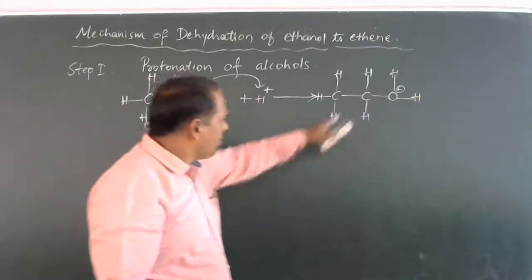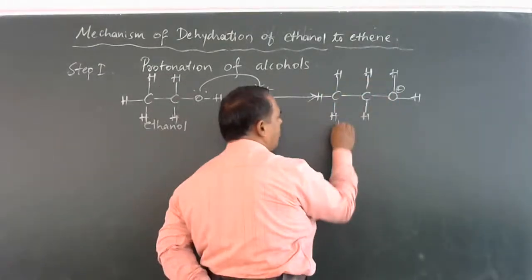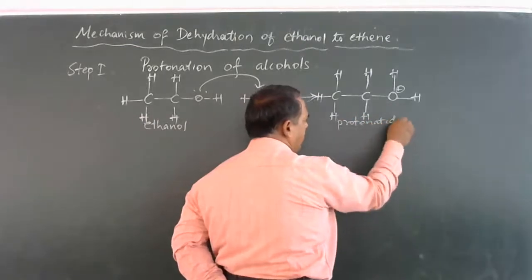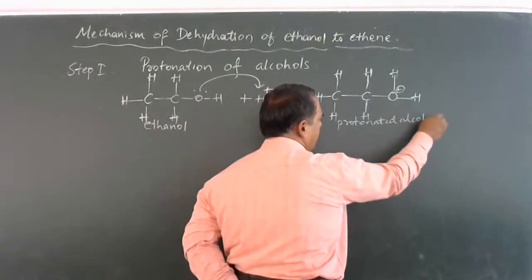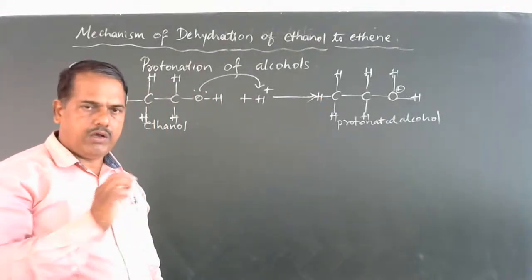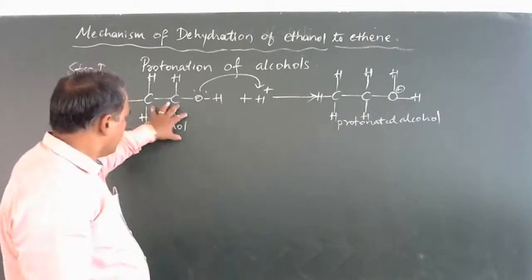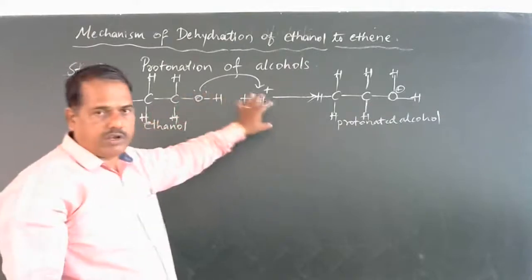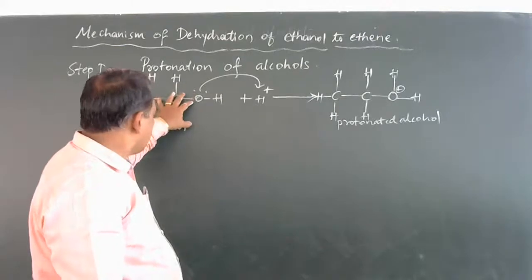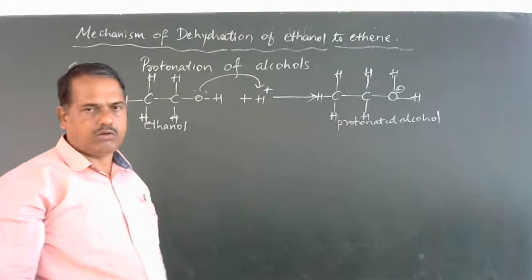So, this is called protonated alcohol. A proton is added to an alcohol. When ethanol is treated with a concentrated acid, it is termed protonated alcohol. One proton is added to ethanol.